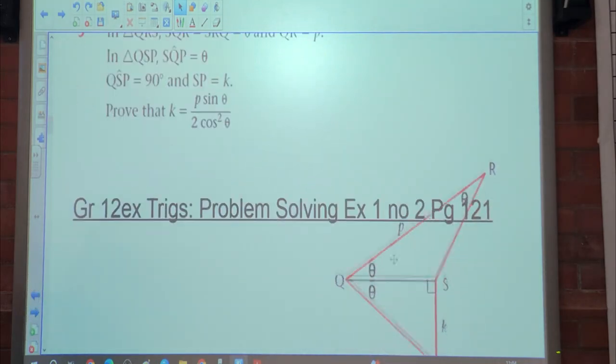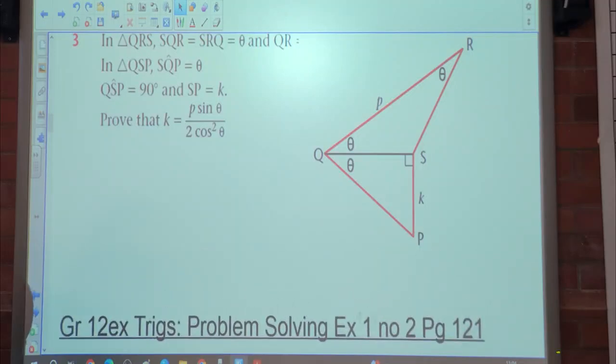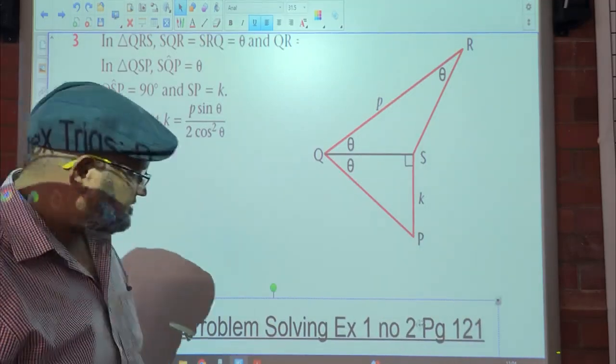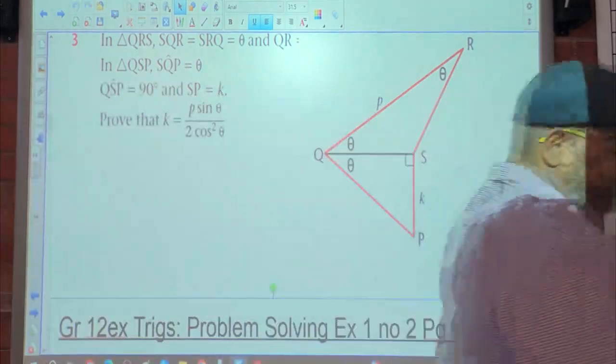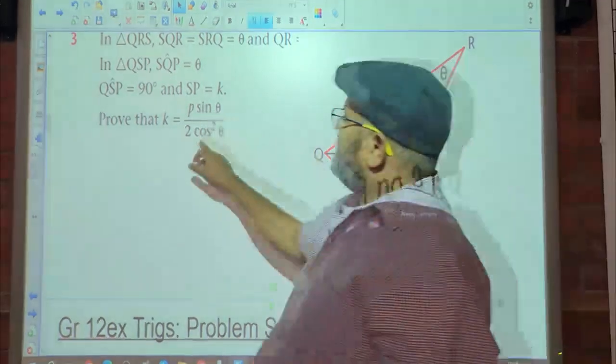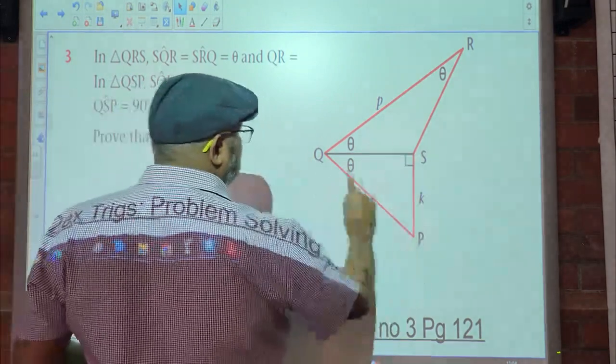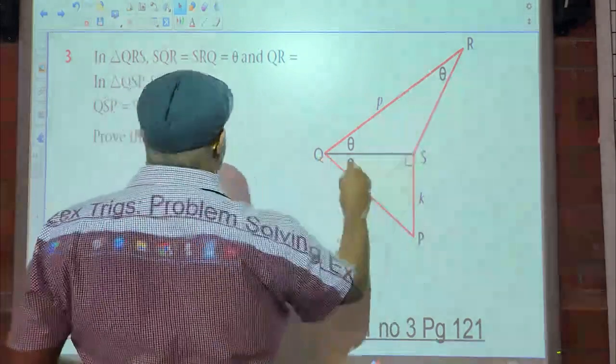People, number 3 is on page 121. So here we are told the triangle QRS.